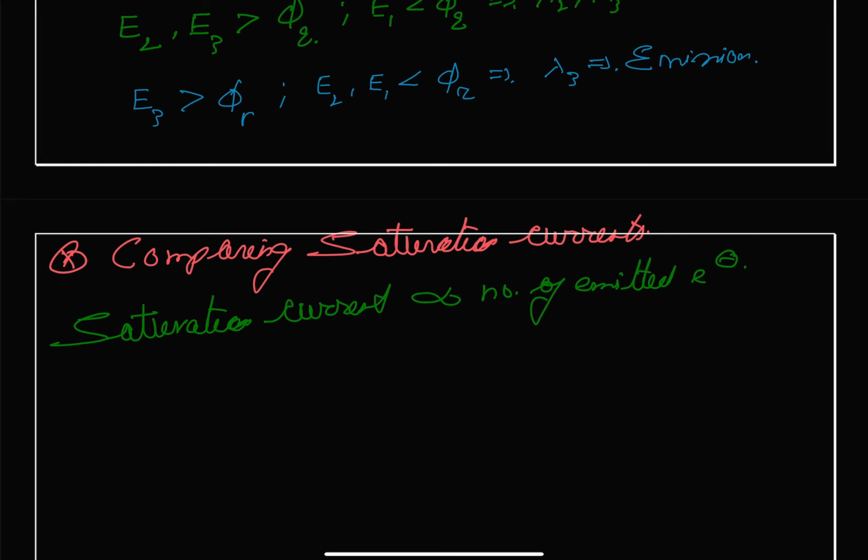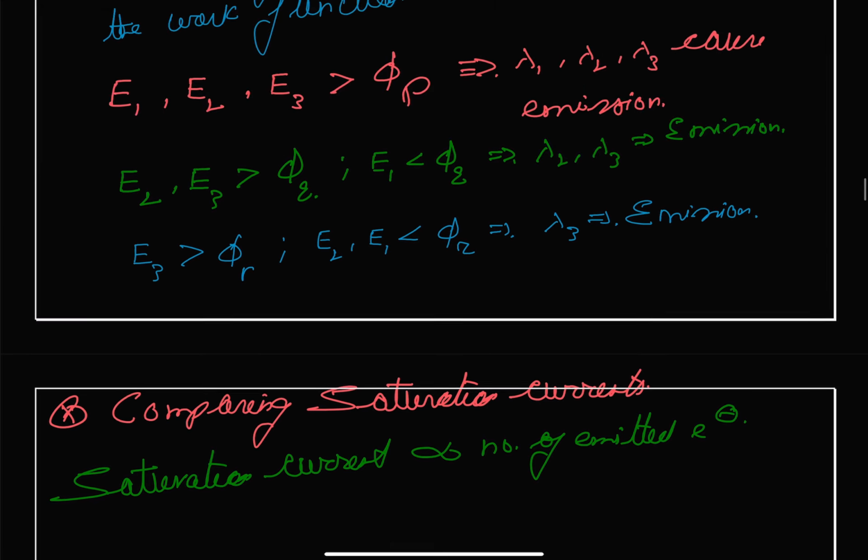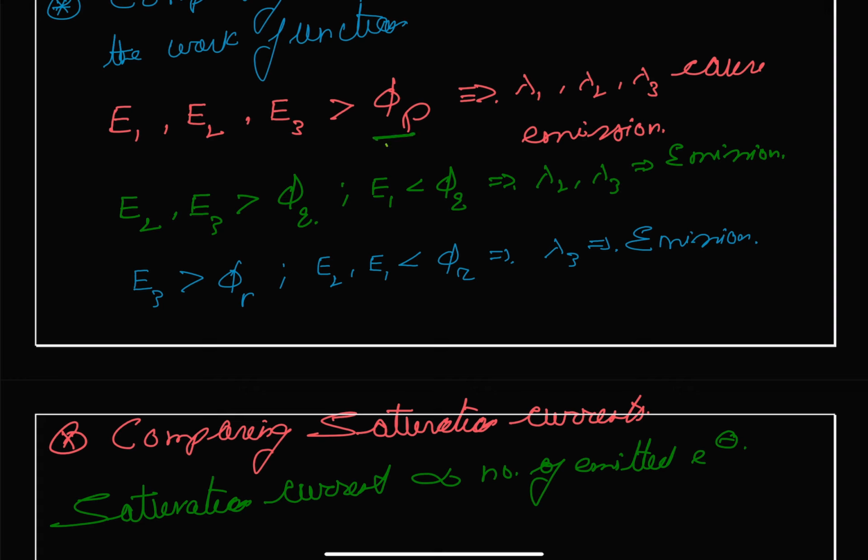And we just concluded that plate P emits electrons for all the 3 wavelengths. Plate 2, that is our Q, emits only for 2 wavelengths, and plate R emits only for 1 wavelength.